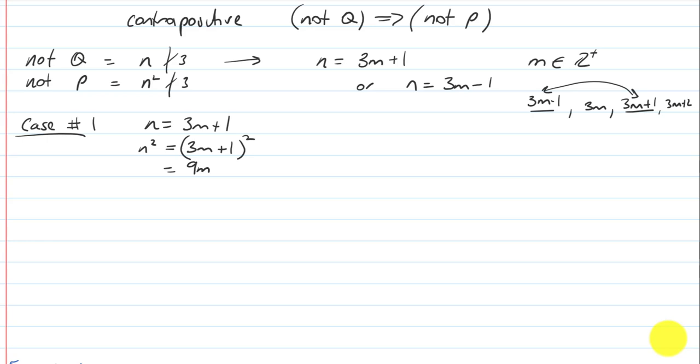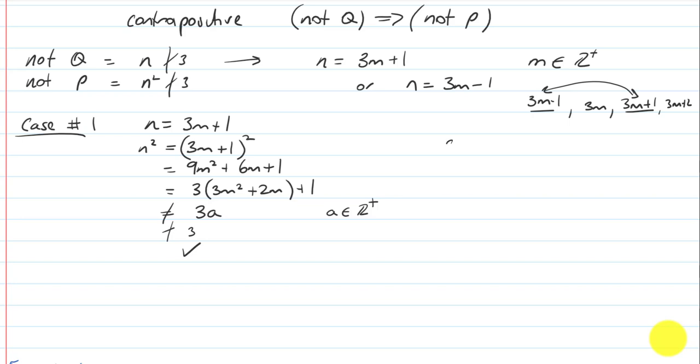But I get 9m squared plus 6m plus 1, which is equal to 3 times (3m squared plus 2m) plus 1, which is not equal to 3 times, for lack of a better one, a, where a exists in the positive integers, and therefore it's not divisible by 3. So it's worked for case 1.